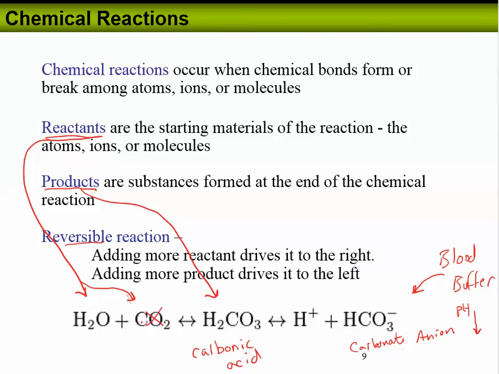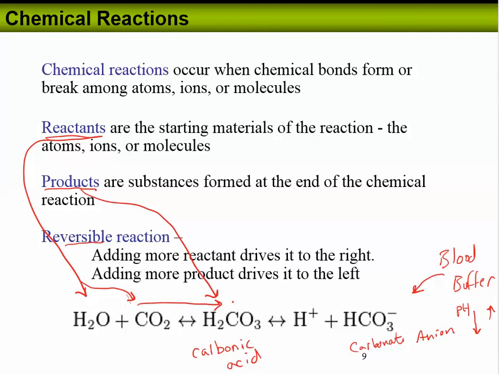The same thing can happen the other way. If we hyperventilate, taking in too much oxygen, it'll tend to push this reaction in this direction, and you end up losing hydrogen, which means that your pH would instead go up. So it's important to understand that. Right now, just understand this simple fact: if you increase reactants, you drive it in this direction, so you create more of the product.